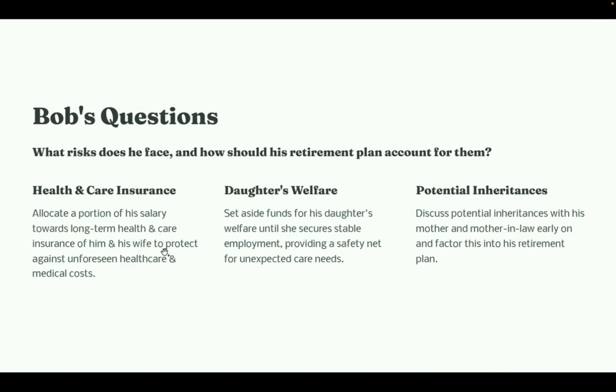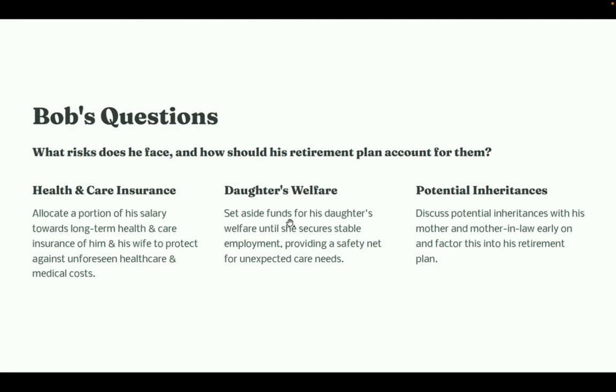The final question is, what risks does Bob face and how should he manage them? Some of the risks which we can see here is health and care insurance. Bob should definitely allocate some portion of his salary towards long-term health and care insurance for himself and his wife Margaret to protect against unforeseen medical costs.